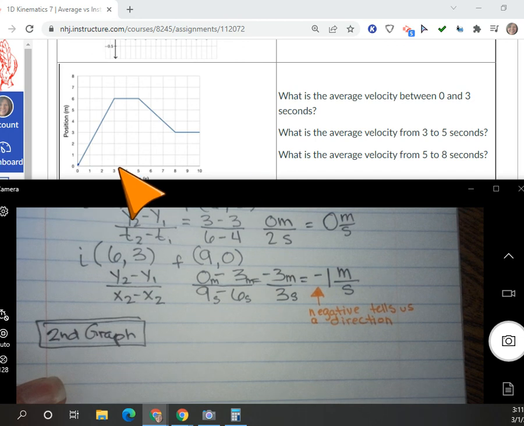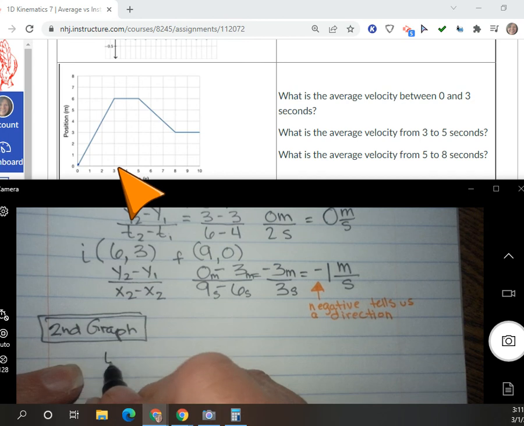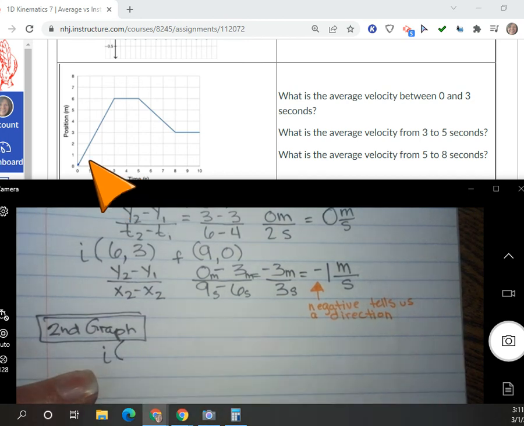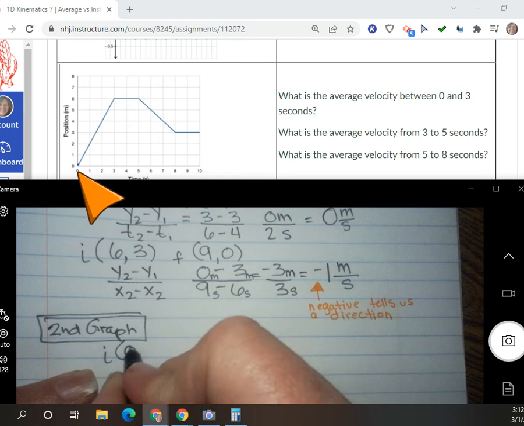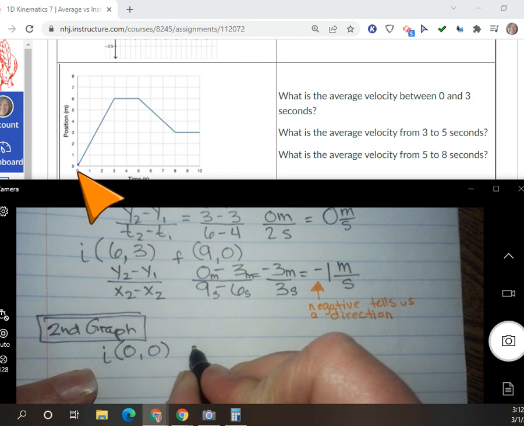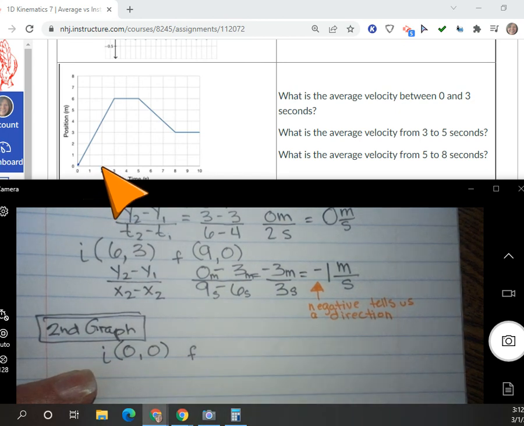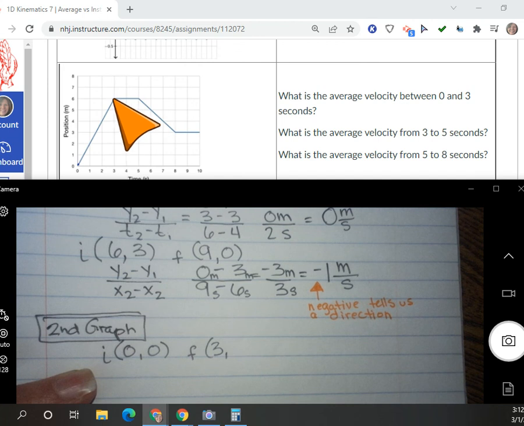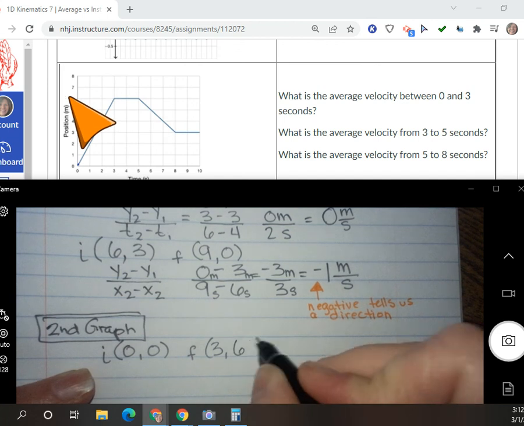So here's 0, here's 3. Our initial x and y, we're going to start at 0, 0. And our final x and y, our x is 3, and our y is 6.